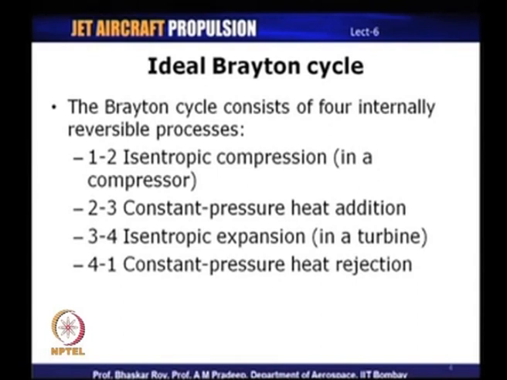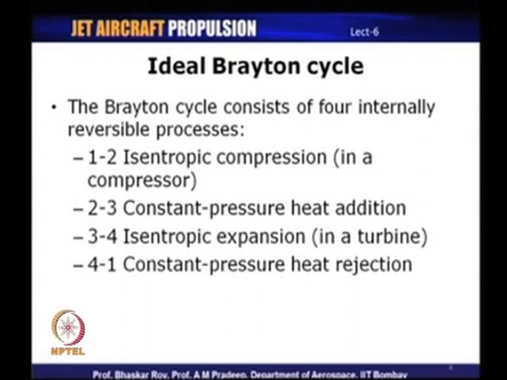The second process is the constant pressure heat addition, which takes the process from state 2 to state 3. The third process, between states 3 and 4, is isentropic expansion, and in a gas turbine this happens in a turbine. And the last process is the constant pressure heat rejection process between states 4 and 1.